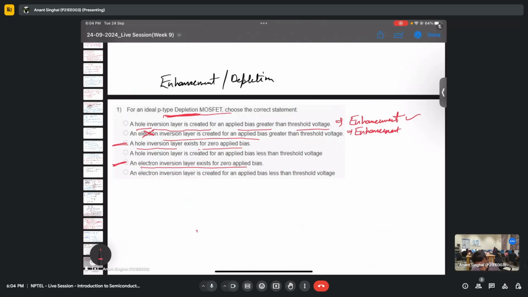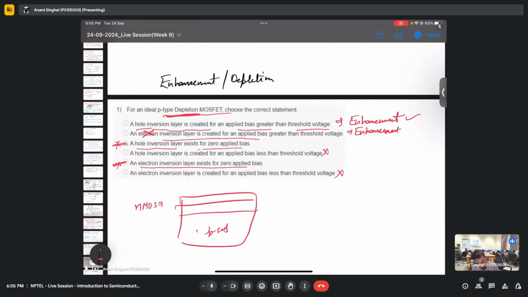What type of inversion layer will be created if we have a P-type MOSFET? If it is getting confusing, let's say we have an NMOS. NMOS has a P-type substrate. The inversion layer is created because of applied voltage.